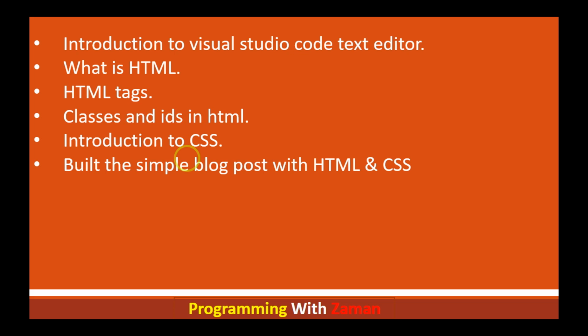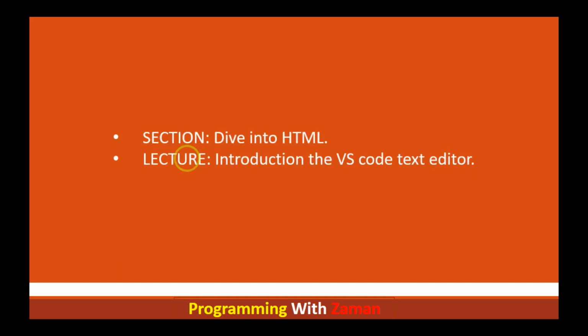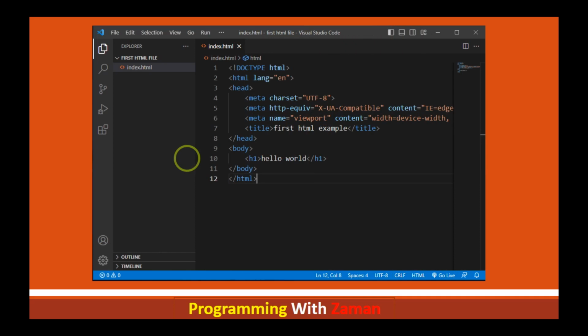So the first one is introduction to Visual Studio Code Text Editor. This is the Visual Studio Code Text Editor we will work with. You see the interface of this text editor, okay?